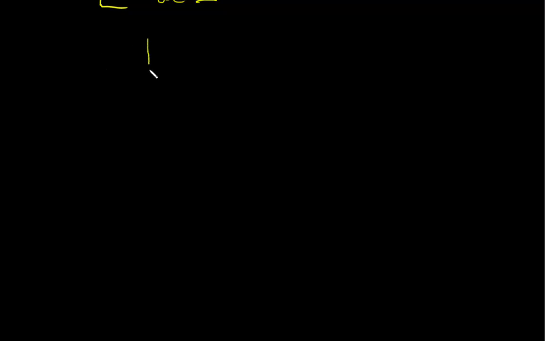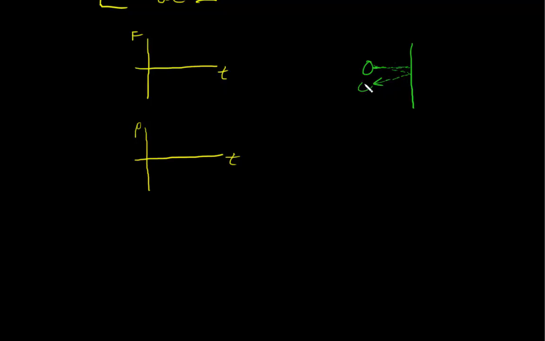So suppose I had a force over time graph, and we'll do momentum over time. All right. An object is going to come in, collide with a wall, and then bounce off and back in that direction. I'm going to draw it at an angle, but it actually comes straight back. So that's what's happening. During this time, we have an impulse.